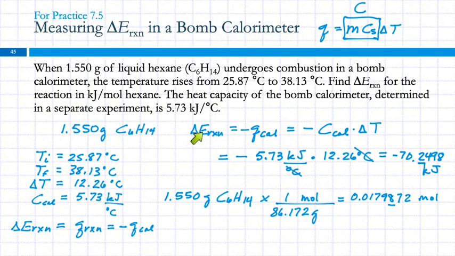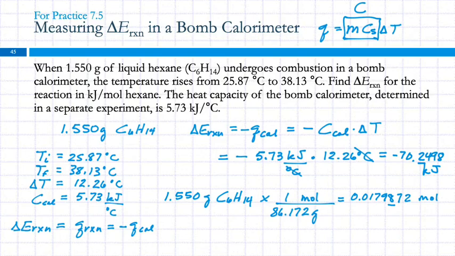So the change in energy for the reaction was negative 70.2 kilojoules when 0.01798 moles reacted. How do I get kilojoules per 1 mole? I divide. And so this part is not an equation that you can look up.